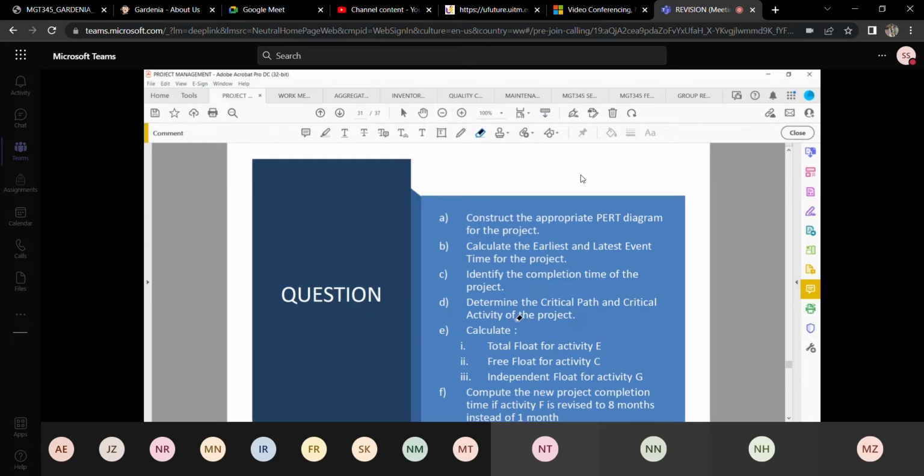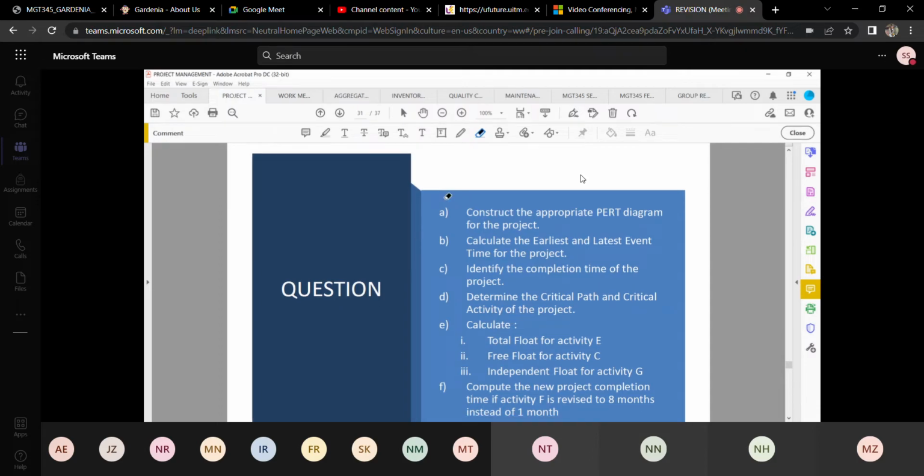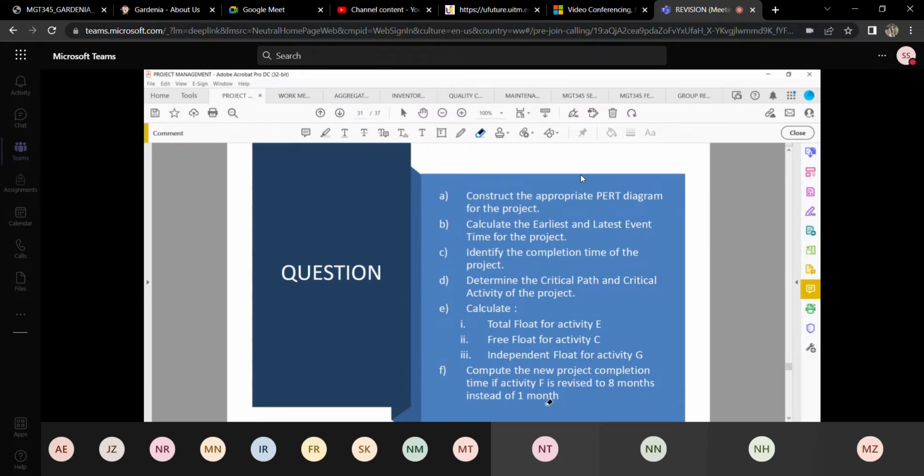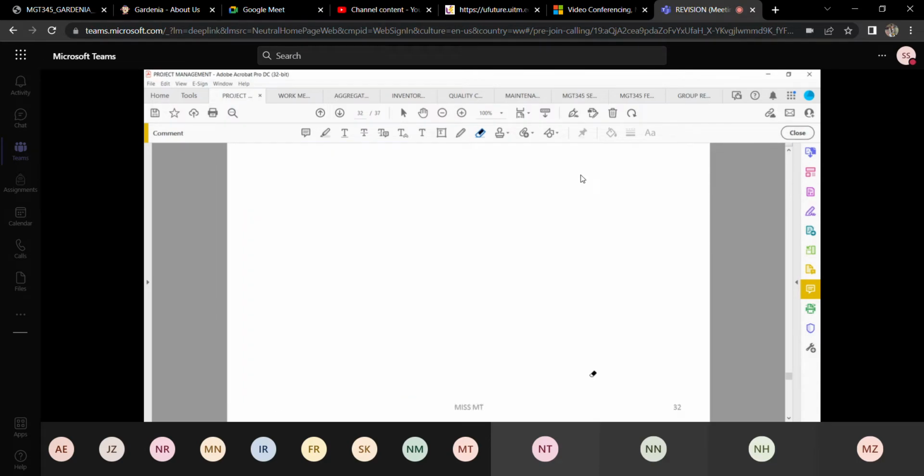Ataupun dia tanya you identify or determine the critical path and the critical activities. Dia tak suruh you buat semua sekali A sampai F. But actually, you should know how you get that particular answer, the working, in order to answer the question given. Remember the difference: revise tu, you change. Delayed tu, you need to add with the duration.